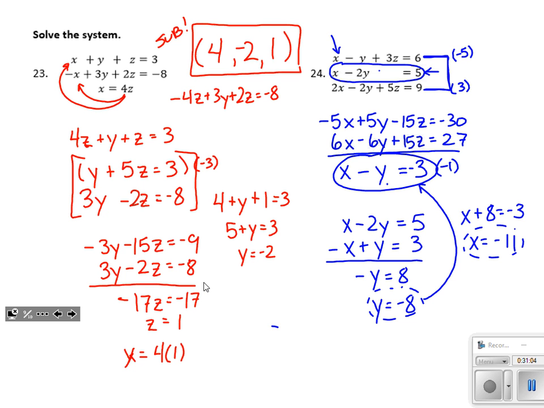So I've got an x that's negative 11 minus a y that's negative 8, so plus 8, plus 3z equaling 6. Well, that's negative 3 plus 3z equals 6. If I add 3 to both sides, 3z equals 9, and divide by 3, z equals 3. So my ordered triple for this system is negative 11, negative 8, positive 3.